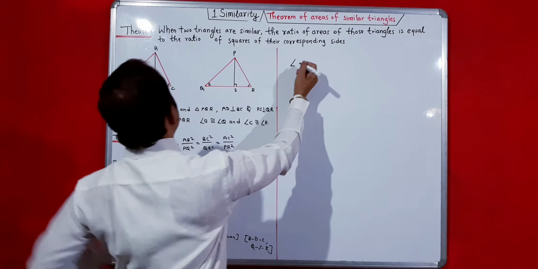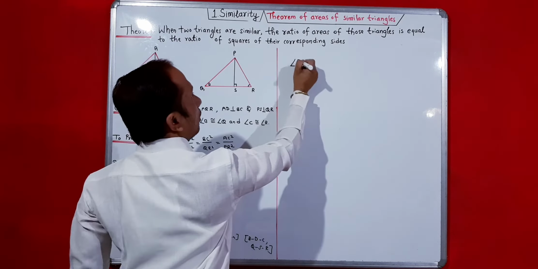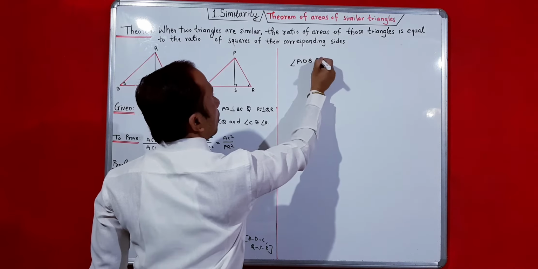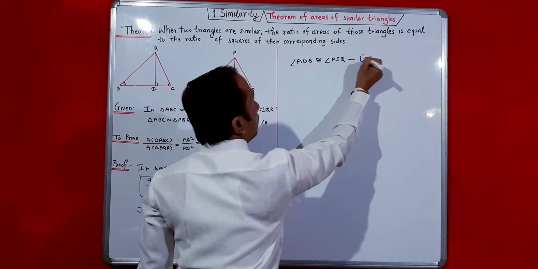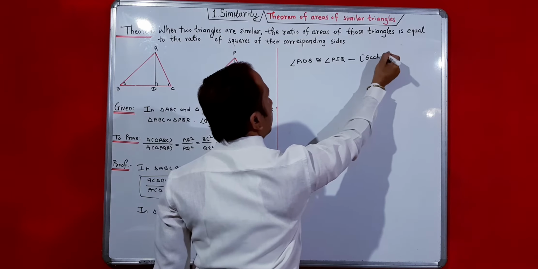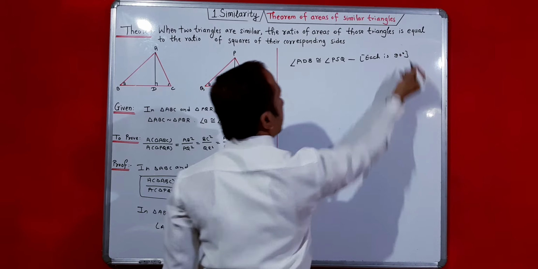Second, angle ADB is congruent to angle PSQ, each is 90 degrees.